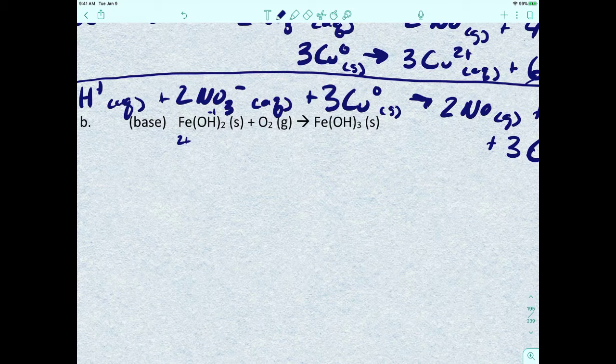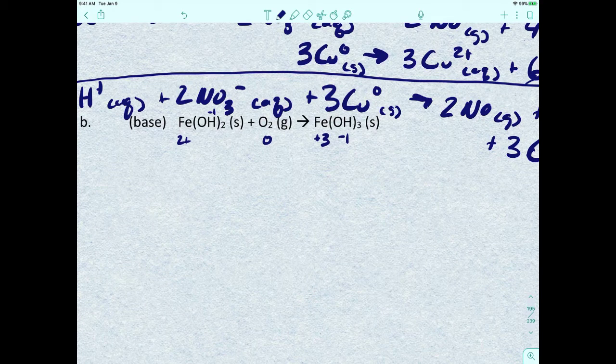All right. So OH minus is going to be -1. Oxygen O2 by itself is 0, and then in Fe(OH)3, OH is still going to be -1. -1 times 3 is -3, so that means iron has to be +3.